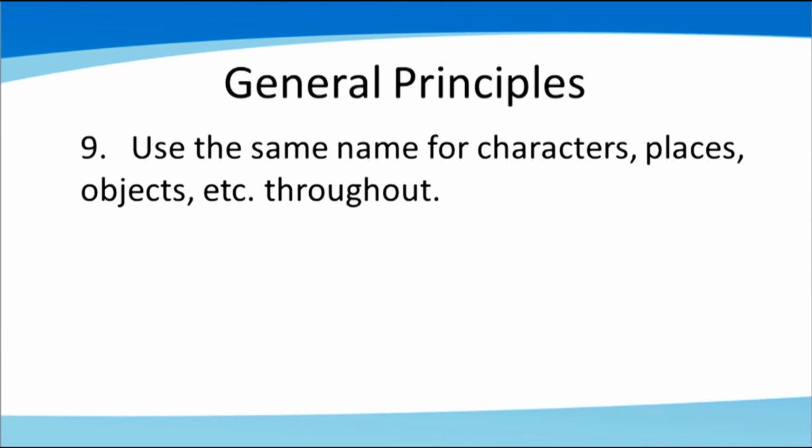If you start calling things different things, it becomes confusing as to whether you're talking about the same person or object you were talking about before. Again, a simple principle to understand, but when you get into doing description, these little simple things start to slip. It's a lot of things to remember, and having a checklist like this can help if you want to review your script after you've created it.